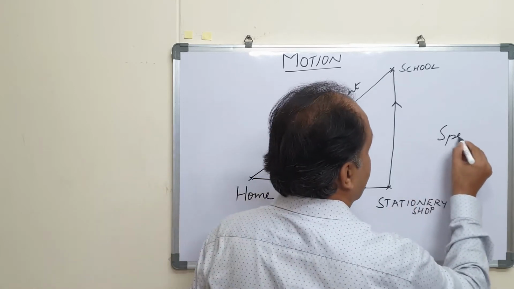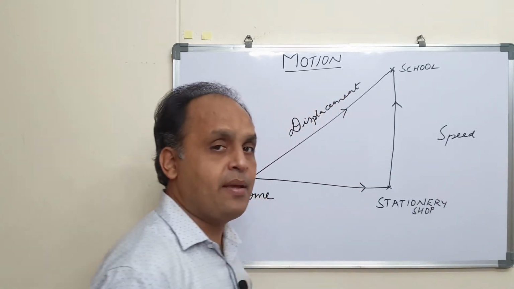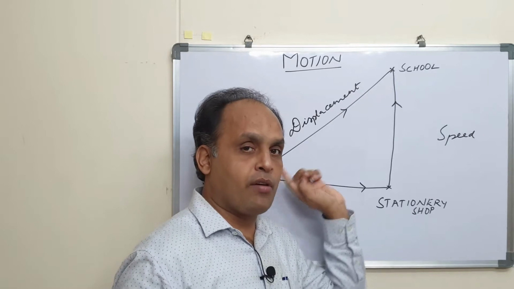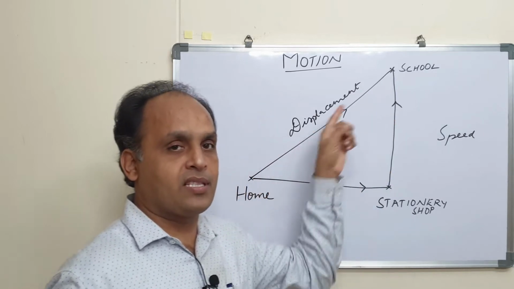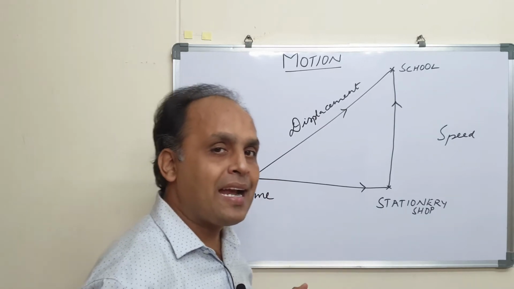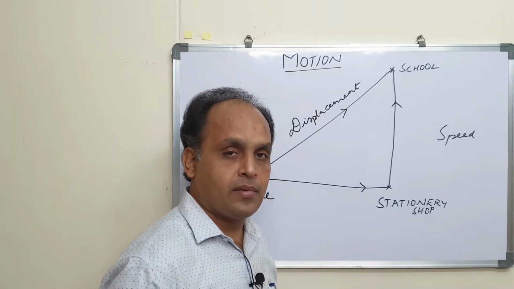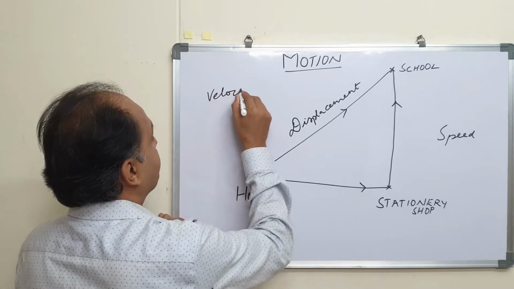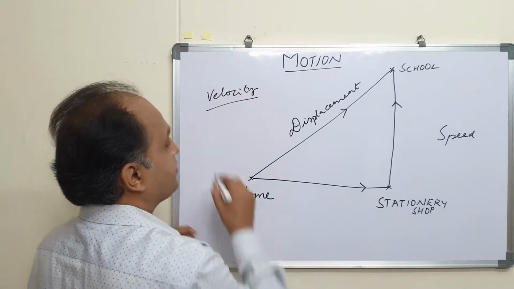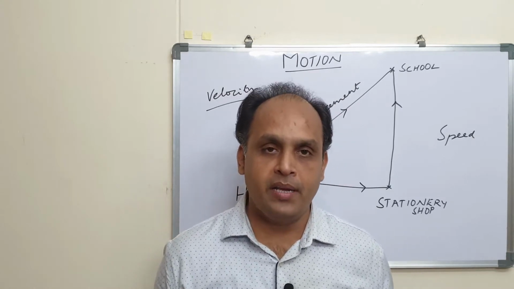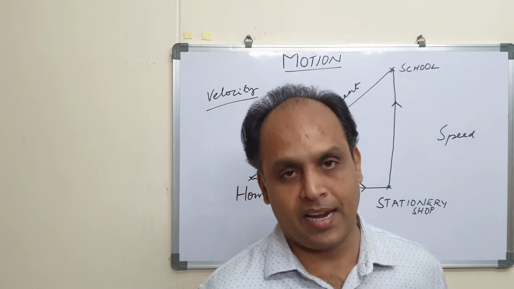And in the same way, we have this displacement. And for you to cover this, or for you to have this displacement, you will definitely take some time, and that is what we call as velocity. Velocity is nothing but the speed of a body, and that too in a particular direction.